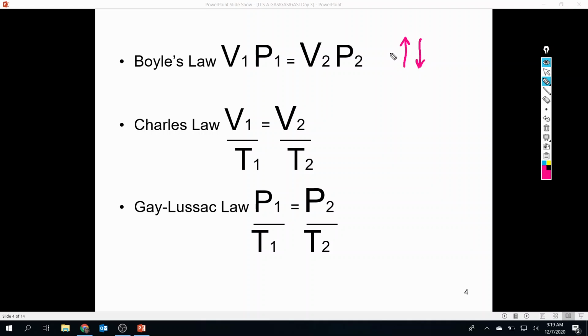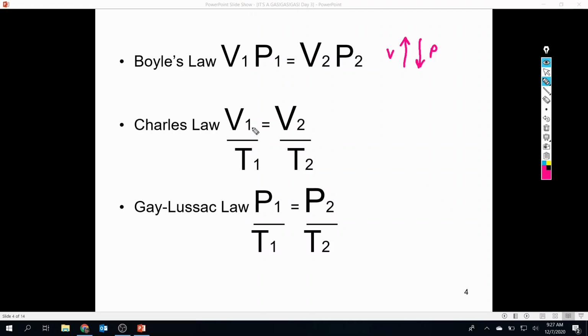But if the volume goes down, then the pressure will go up. They are opposites from each other, and that's an inverse relationship. Be sure that you have that written down in your notes, that the volume and the pressure are oppositely related or inversely related for Boyle's law.